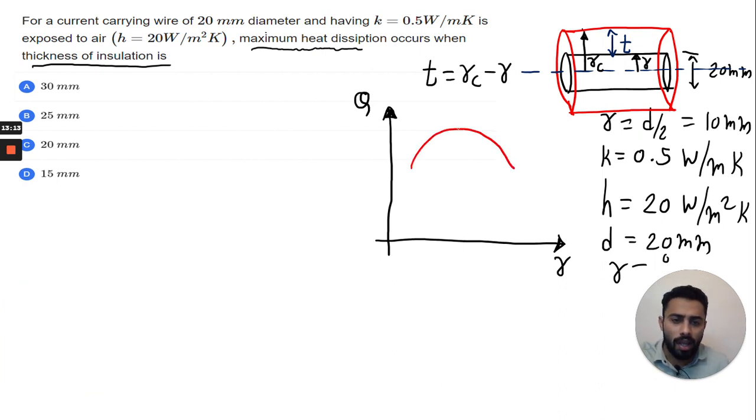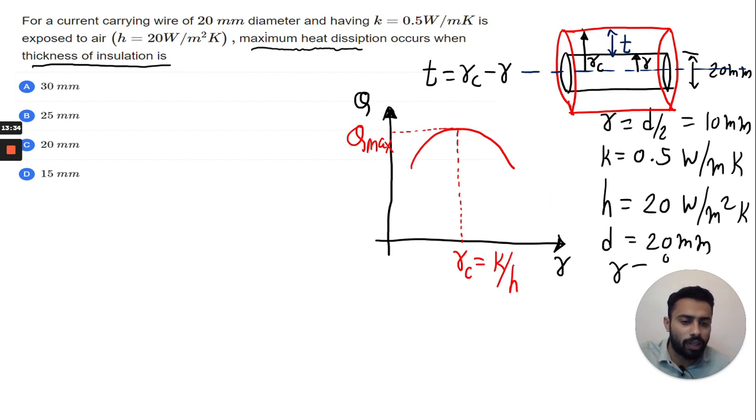It means at this position Q will be maximum. So for this maximum Q, what will be the radius of insulation? We name this radius the critical radius of insulation, and for the cylinder, its value is K by H.